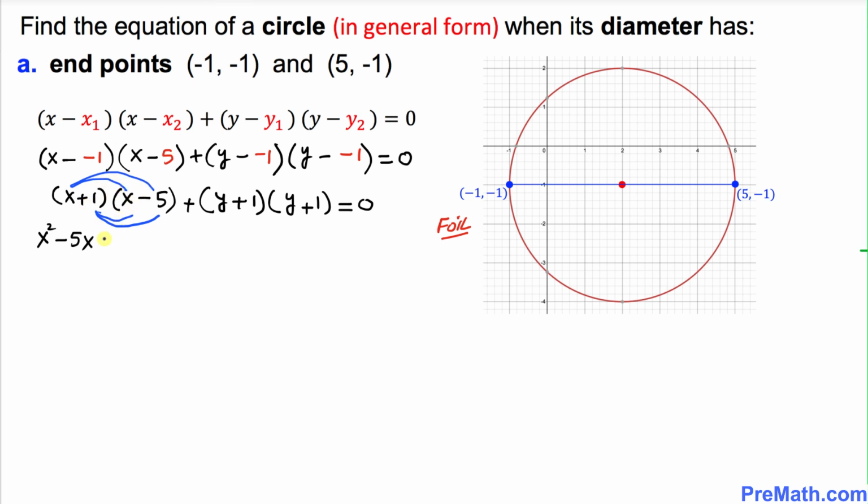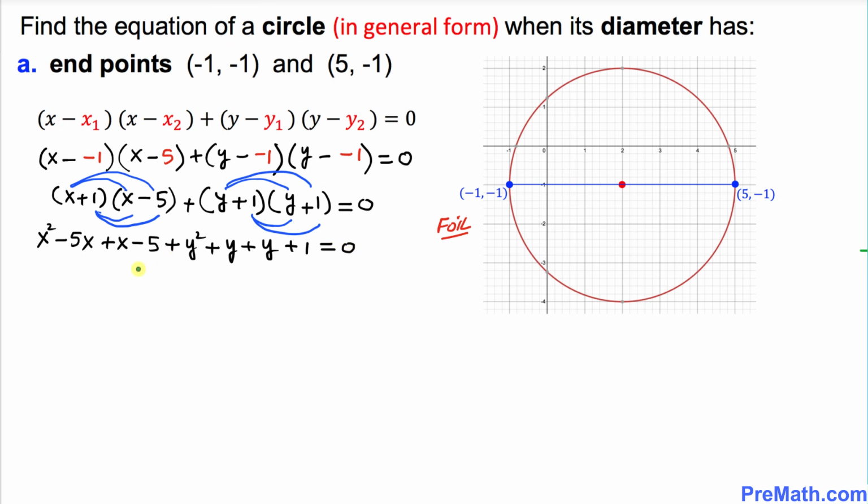So that is going to give us plus 1x minus 5, and then plus, likewise we're going to FOIL over here as well. That gives us y squared plus 1y plus 1y again, and then 1 times 1 is 1, equal to 0.